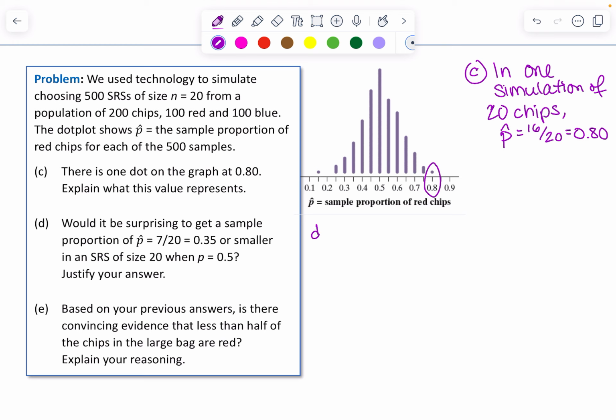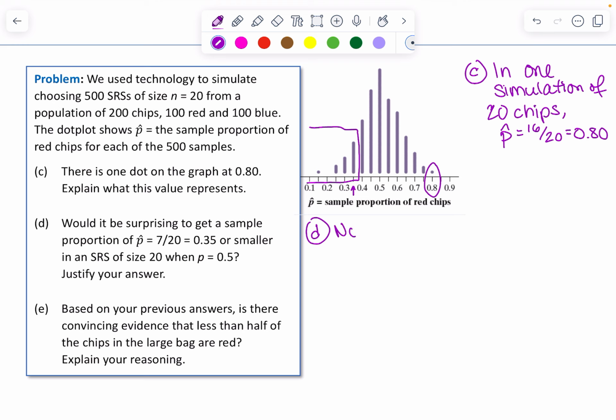Oh, sorry, that's not A, that's C. All right. D, would it be surprising to get a sample proportion of 7 out of 20 or smaller in a simple random sample of size 20 when p is 0.5? Okay, so I'm going to look here. Here's 0.35 right there. Basically, is that super duper rare, getting 7 out of 20 or smaller? Or is it like, no, that happens? And the idea is, no, there's quite a few of them at 0.35 and lower.